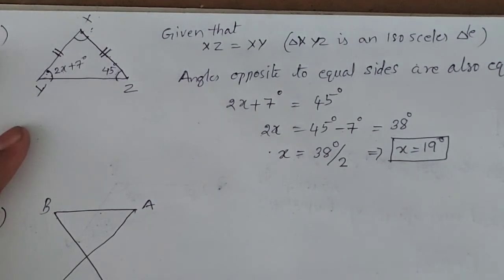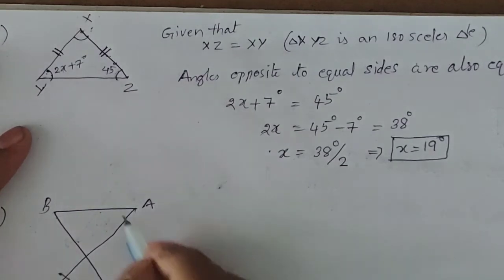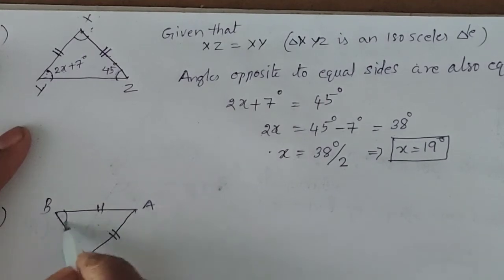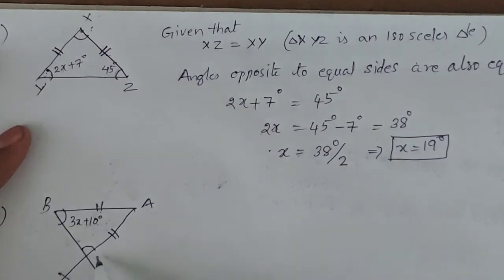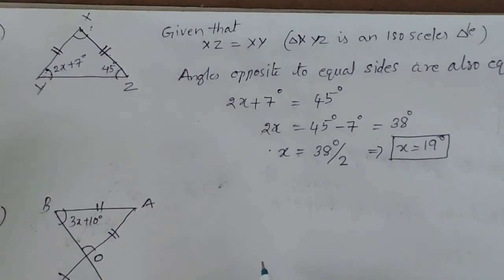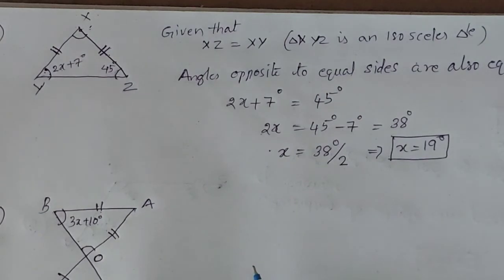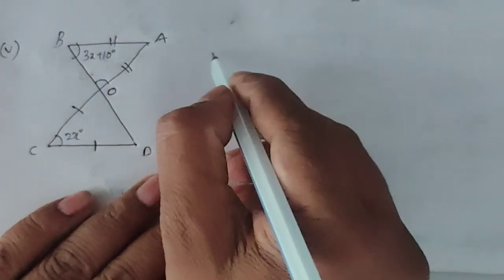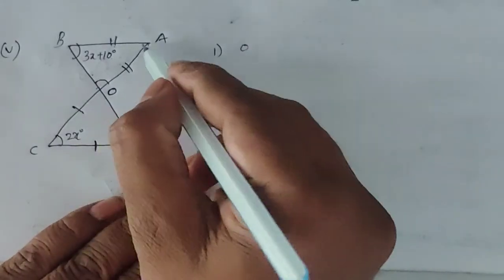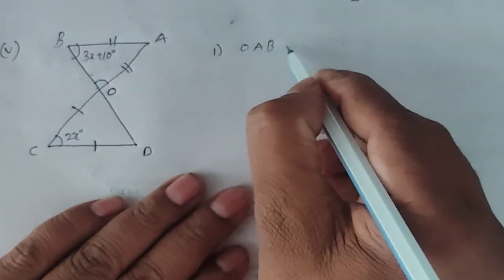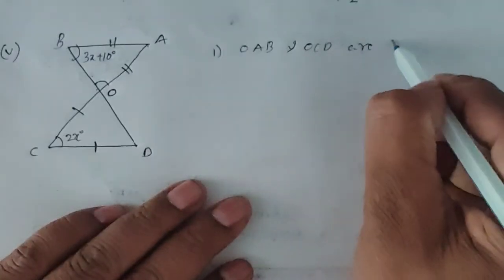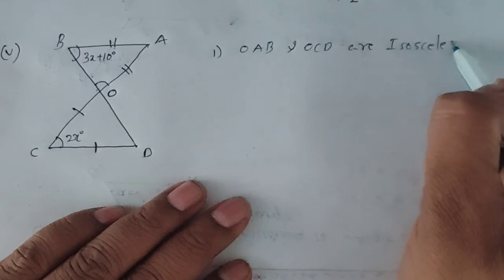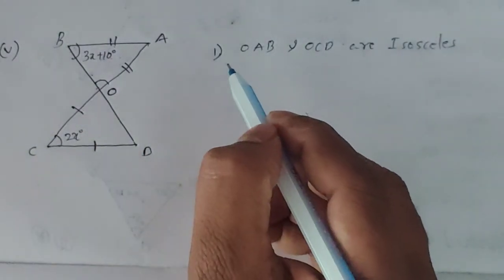Here it is given that this side and this side are equal, this side and this side are equal, and the angles are 2x degrees and 3x plus 10 degrees, and this is O. If you observe, the two triangles OAB and OCD are isosceles triangles, because sides are given equal.